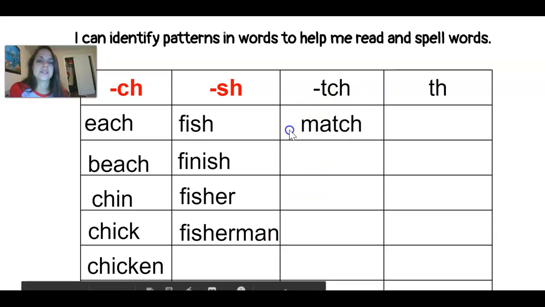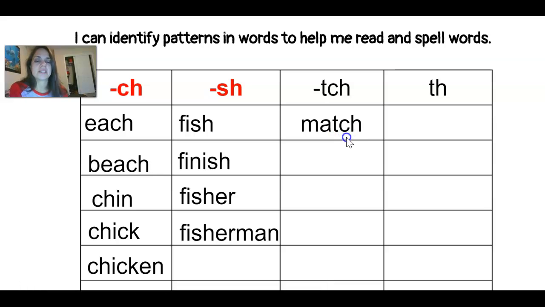Here's our next word with a new pattern. TCH makes the ch sound. Go ahead and try that word and then I will read it. All right, let's check your thinking. Match. I notice the same ending as match, but the beginning letter sound has changed.